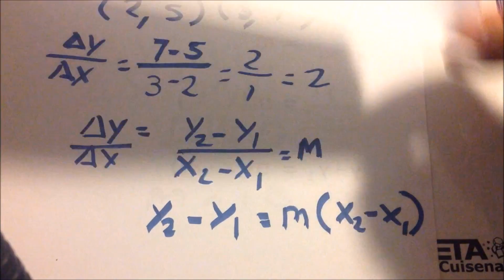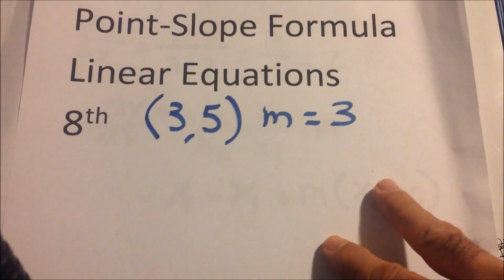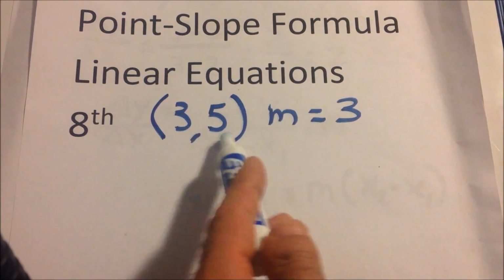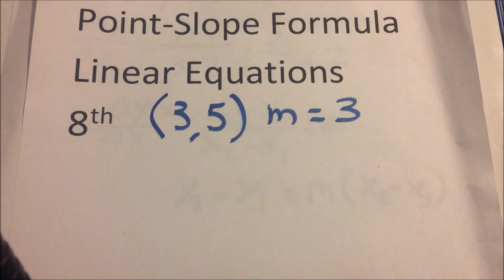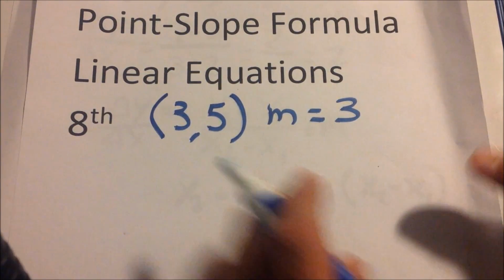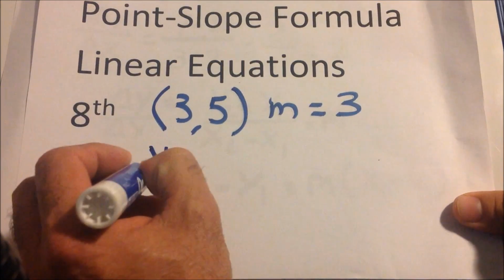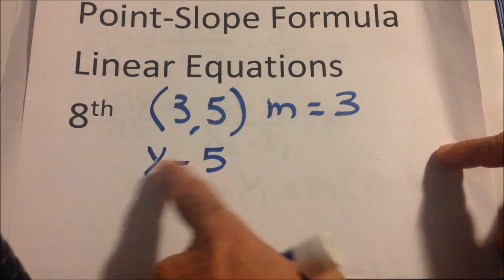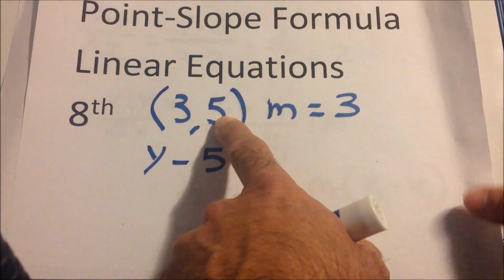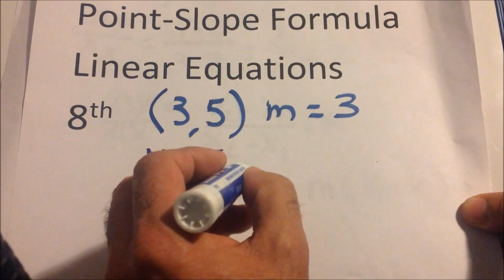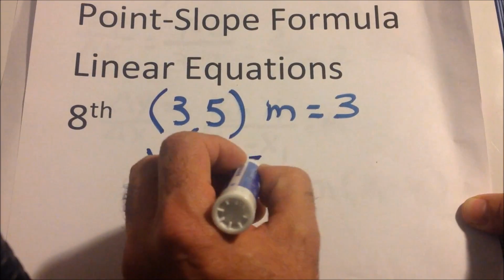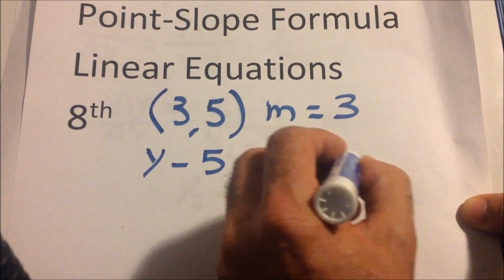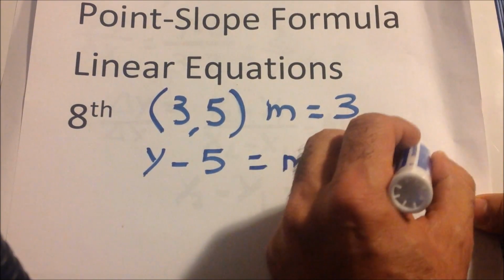So let's go back to the question. Let's say I had this point on the grid, 3, 5, and we had the slope of 3. So we have y minus 5. We're going to take y and then minus the 5, minus another y. And we're going to have that equal m, times x minus 3.